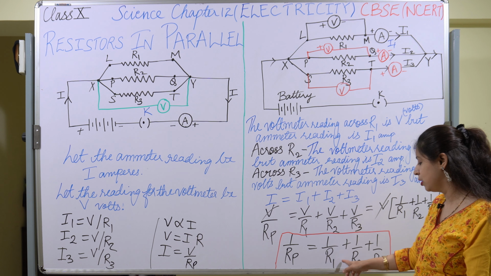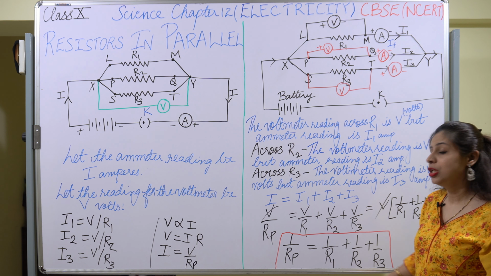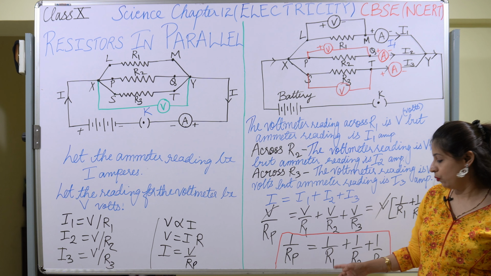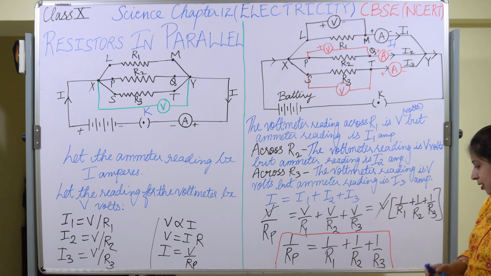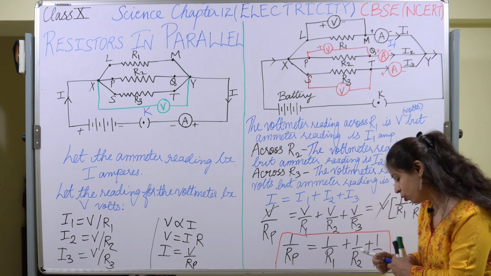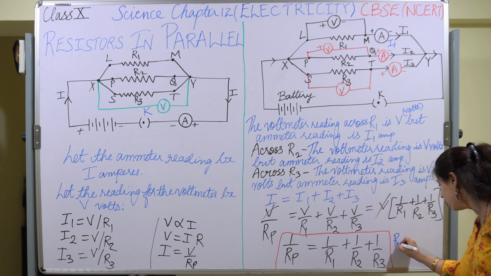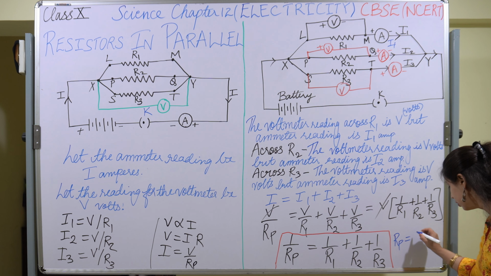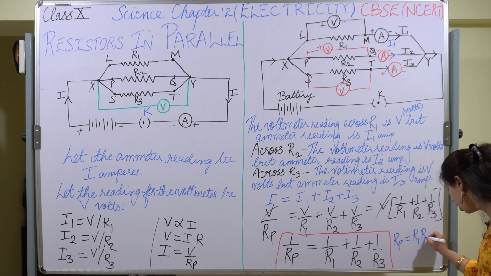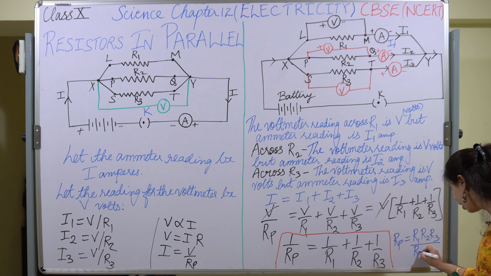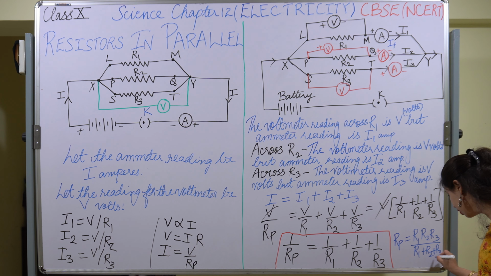We need to take the LCM and reciprocate it. So my RP will be equal to R1 R2 R3 upon R1 plus R2 plus R3.